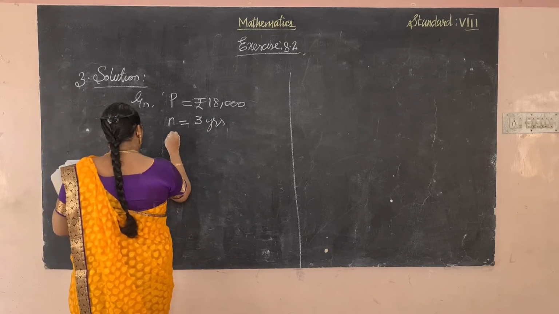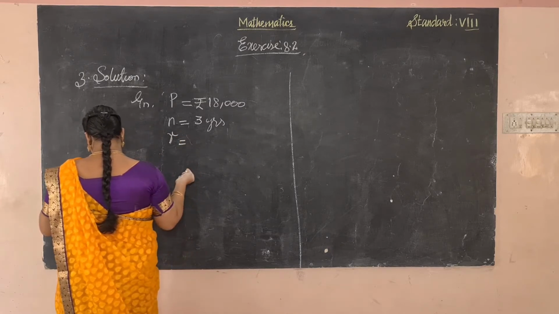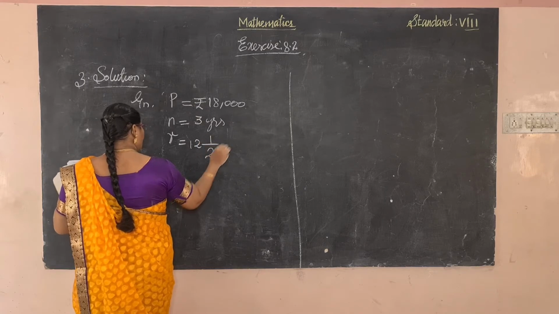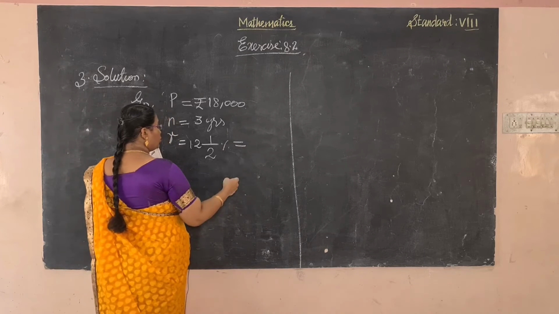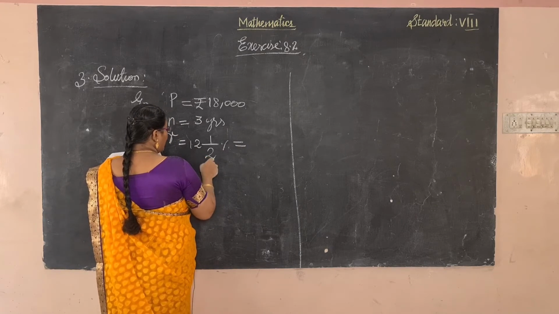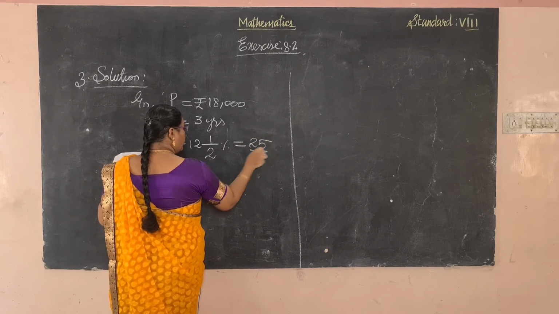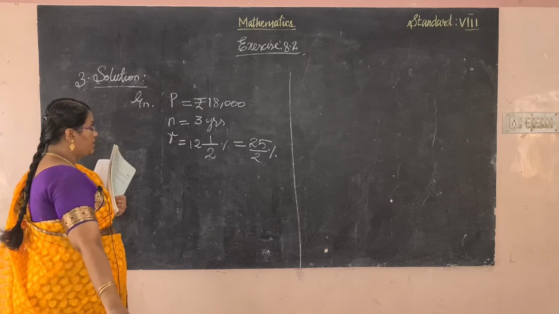And then the rate of interest R is 12 and 1/2 percentage. A mixed fraction is given, so change it to an improper fraction: 2 12s are 24 plus 1, 25/2 percentage.